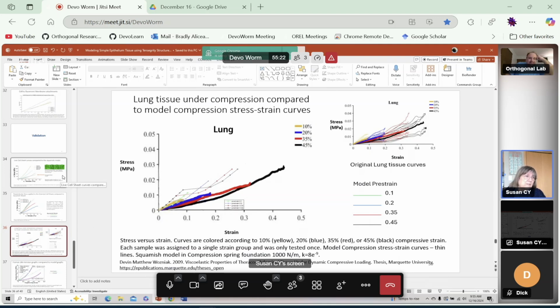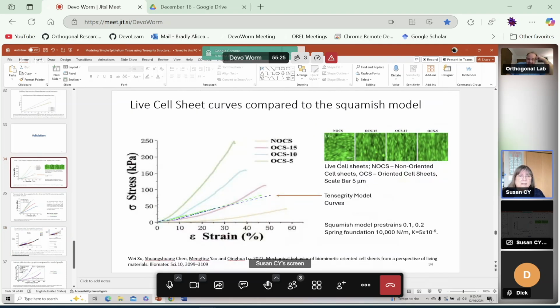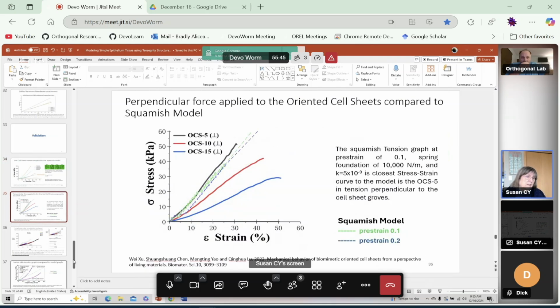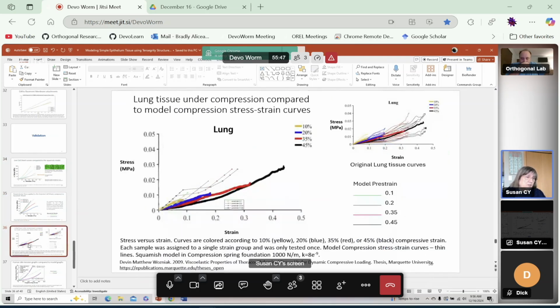My model is both compression and tension. These are from my model, and they're tension curves. Same with this one. And then I was using compression curves here.